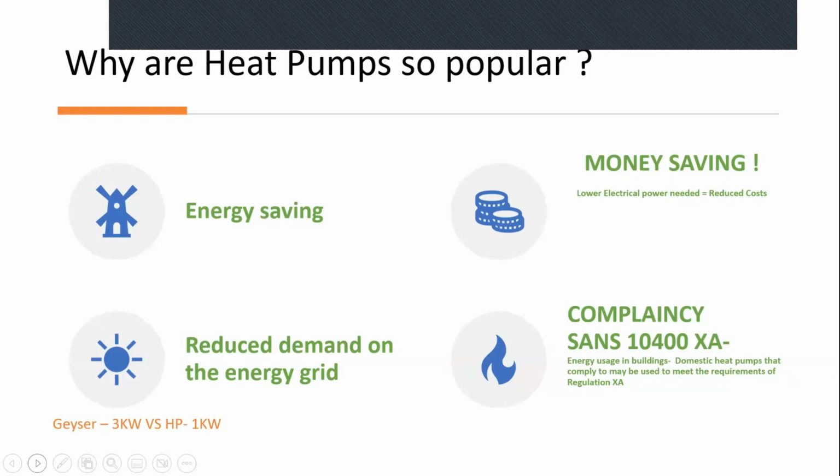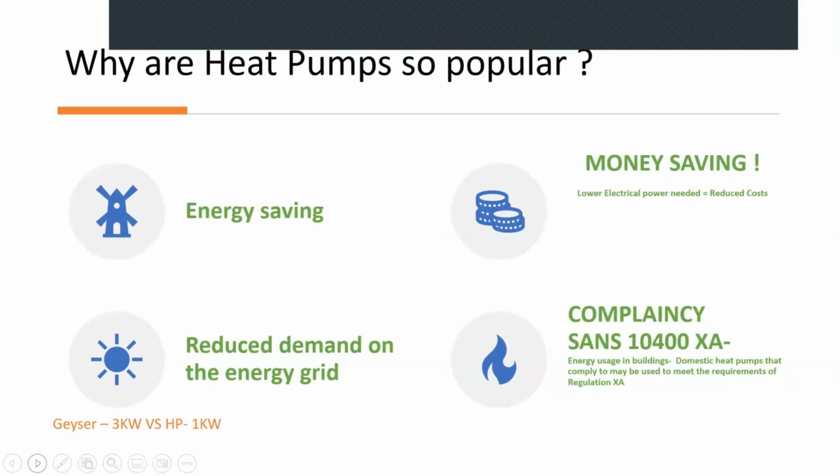That is 3,000 kilowatts of power required from the grid. Can you imagine if it was only 1,000 geysers using 1 kilowatt of energy? That's a huge difference between 3,000 kilowatts versus 1,000 kilowatts.